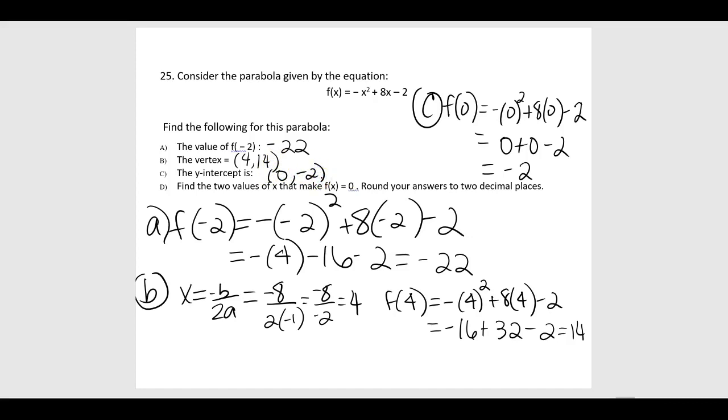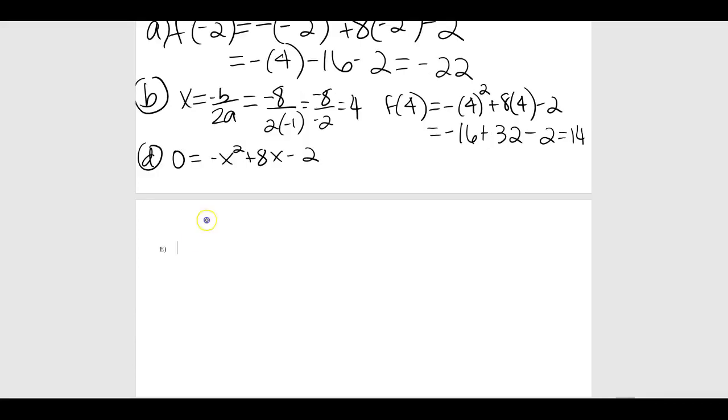And then to find the two values of x that make f of x equal 0, you're going to set the whole function equal to 0 and solve. This is not going to be factorable, so you would want to use the calculator or the quadratic formula. A equals negative 1, B equals 8, and C equals negative 2.